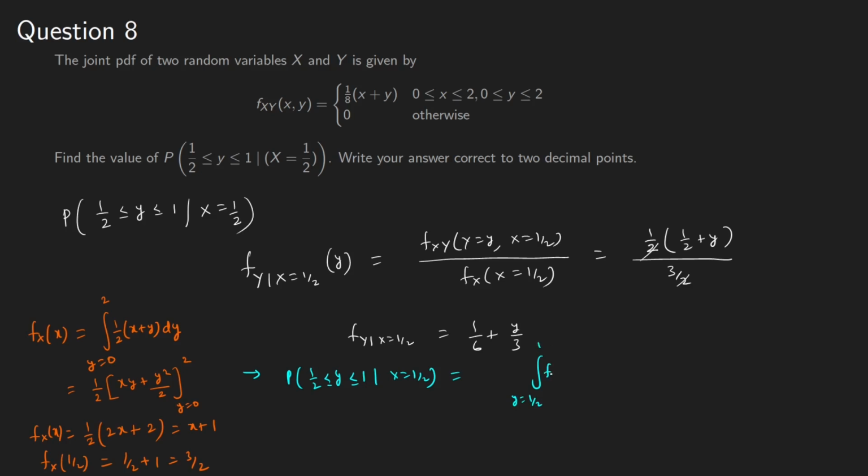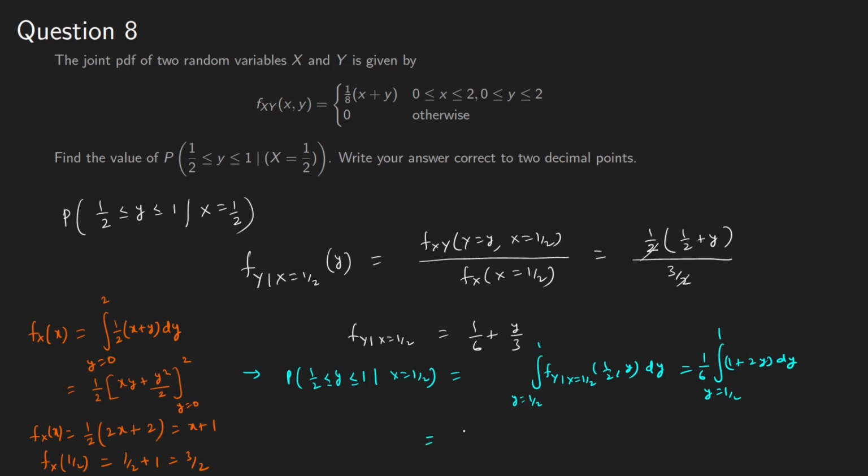We will integrate f of y given x equals half, comma y, dy. So if we integrate it, what will we integrate? Y equals half to 1. Okay, 1 by 6 we can take common, so it will be 1 plus 2y we will integrate.